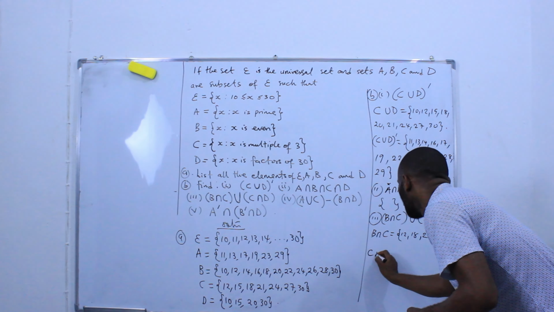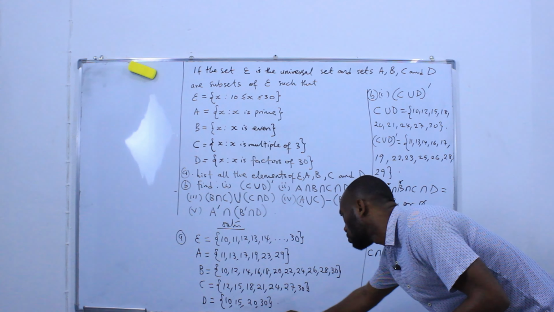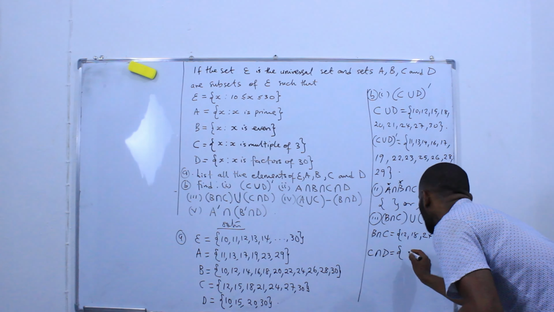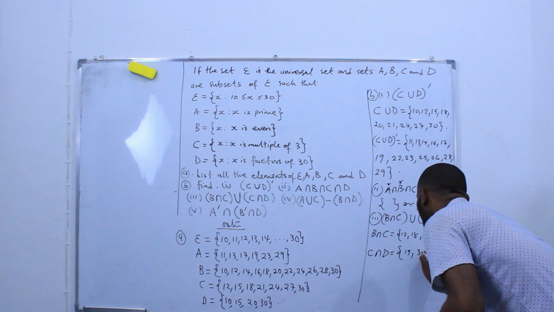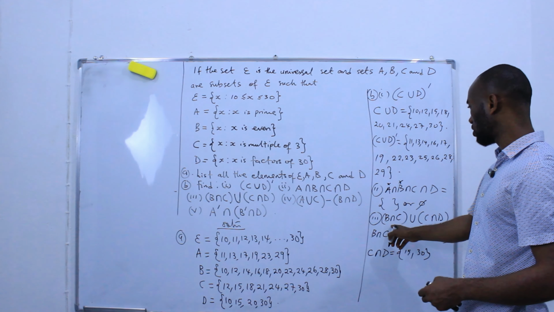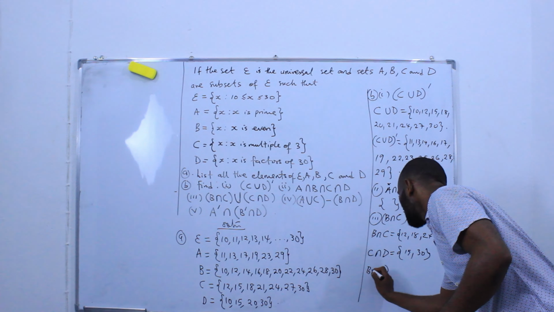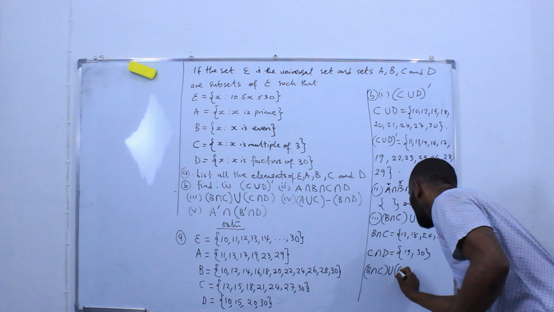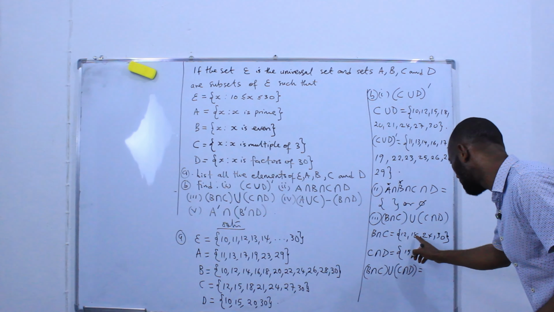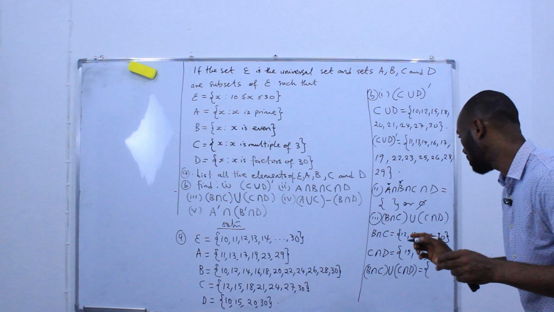Then C intersection D is what is common between these two, which is just 15 and 30. Now, the union of these two, because they are asking us to take the union of this and this, so B intersection C union C intersection D becomes: combine all the elements here without repetition.